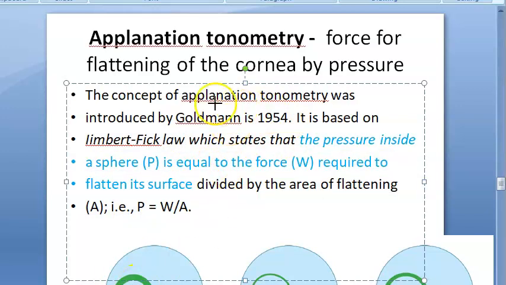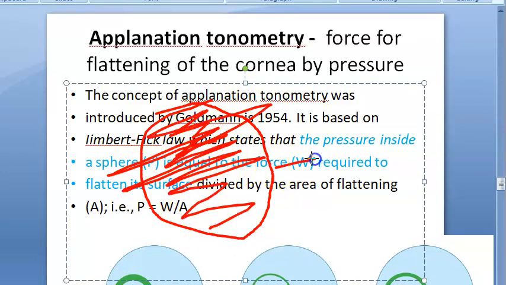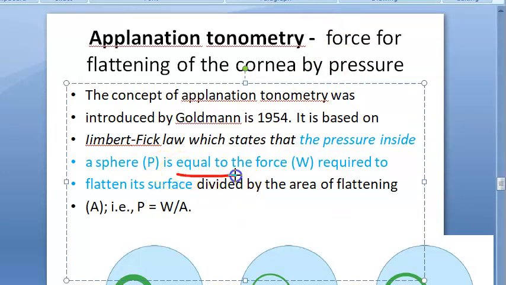So there is a ball, a sphere. Inside there is some pressure. Now the force that is required to flatten the surface is proportional, or equal, to the pressure inside. Would you say equal or proportional?